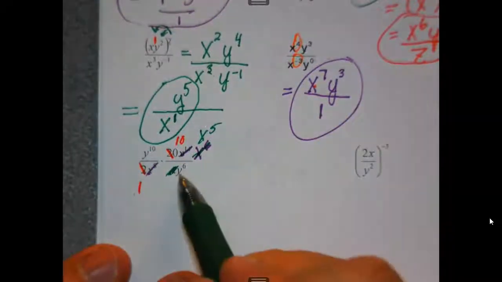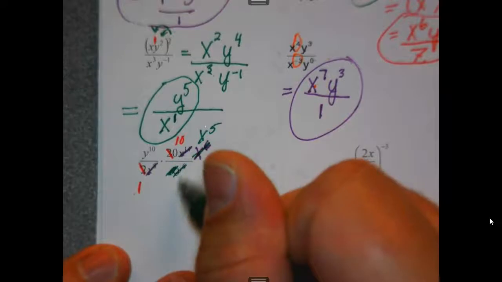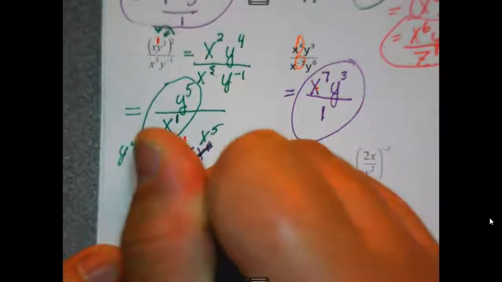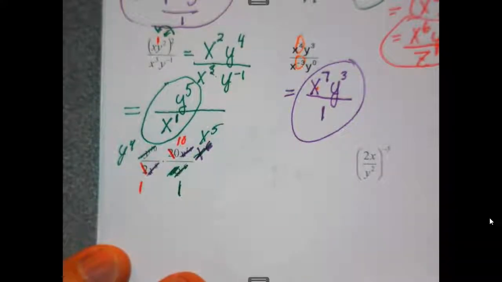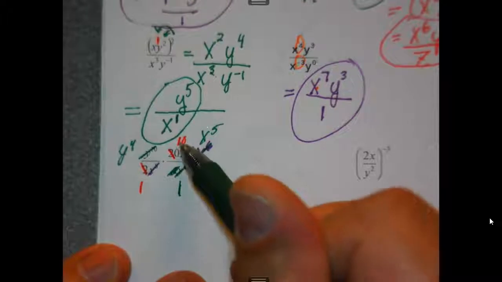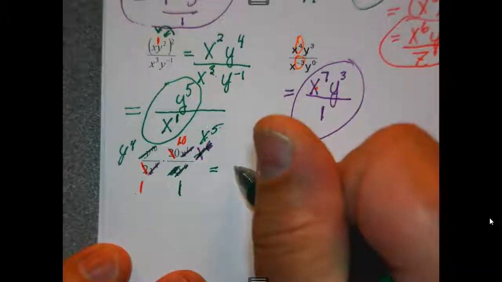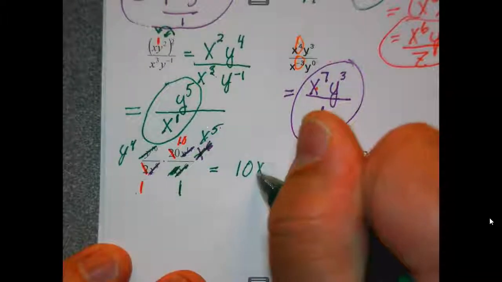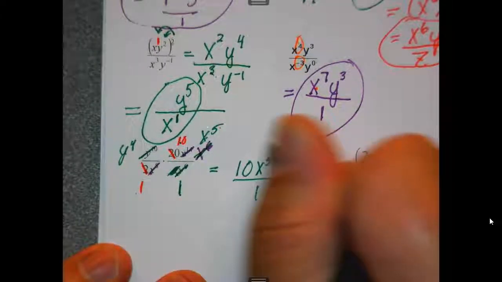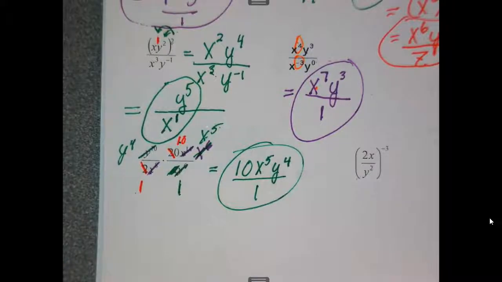And then I've got 6 y's down here. These all turn to 1. I got 10 up there, so it leaves me with 4. Then multiply across. I got 10 x to the 5th, y to the 4th on top. And if you want to put it over 1, that's cool. I don't care. So if you know how to cancel out, it actually makes your life easier.